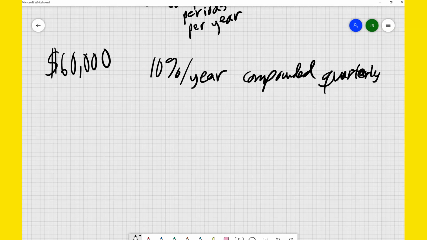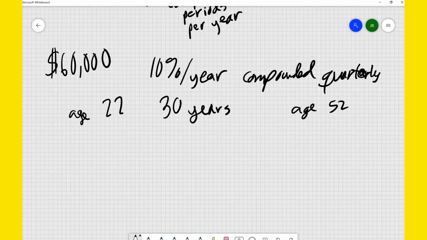And let's say you do this when you're 22, and you keep it in there for 30 years. How much would you have at the end of those 30 years? At age 52, how much money would you have?